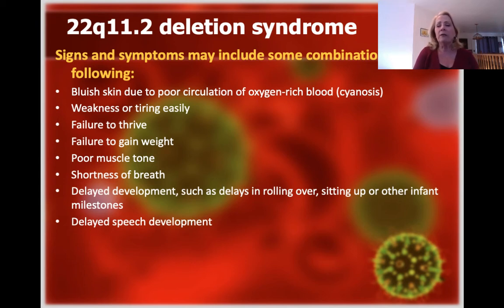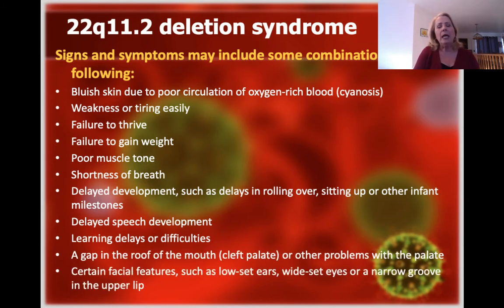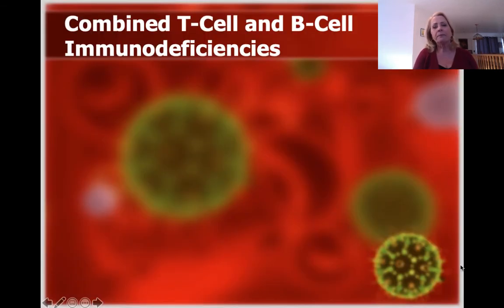They have delayed development, so they don't roll over, sit up, or walk at the same time, delayed speech, learning delays or difficulties as well, and then we talked about the cleft palate. And then they have certain facial features also. So you can see they have the little bowed lips, and more wide set eyes, and this is very typical of DiGeorge syndrome.